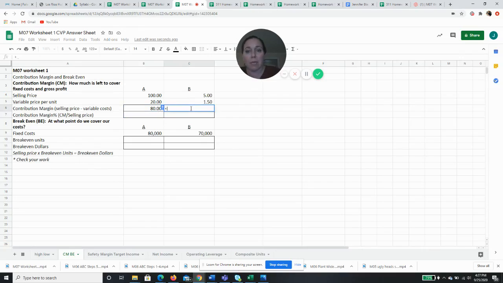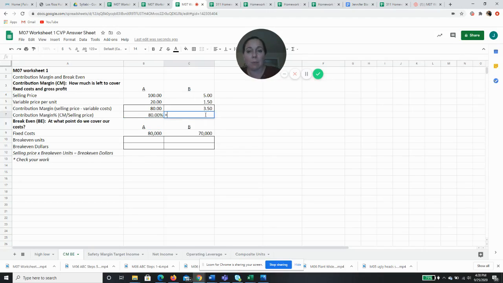For product B, we take our sales price of $5 minus our variable cost of $1.50, and we get a contribution margin of $3.50. All right, now we're going to calculate our contribution margin percentage, and that's going to be our contribution margin divided by sales. For product A, I'm going to take my contribution margin of $80, divide it by my sales price of $100, and I'm going to get a contribution margin percentage of 80%.